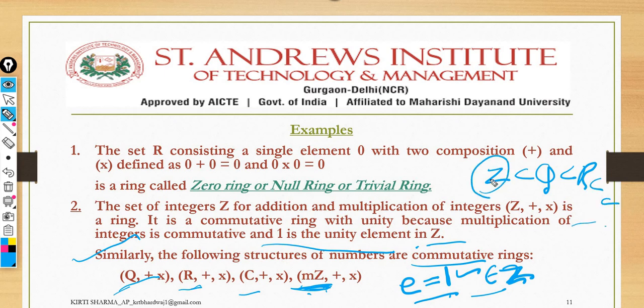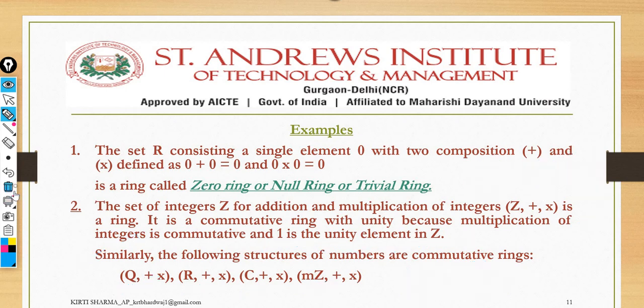If the integers satisfy the conditions of a commutative ring, then all of these supersets will also satisfy them. That's why I have mentioned them directly here. In the exam you may get a question on one of them, so it's important from a competitive point of view also, not only from the university exam point of view. Make sure you understand each and everything very well.